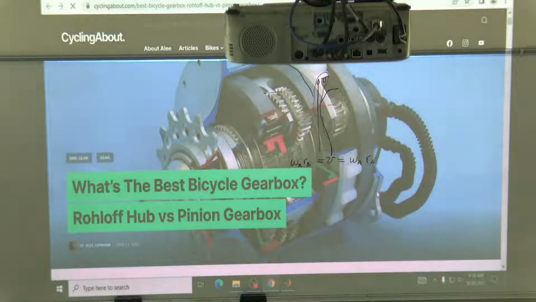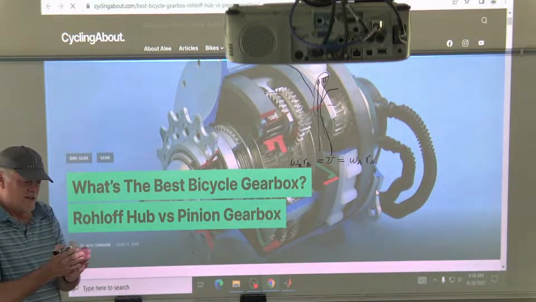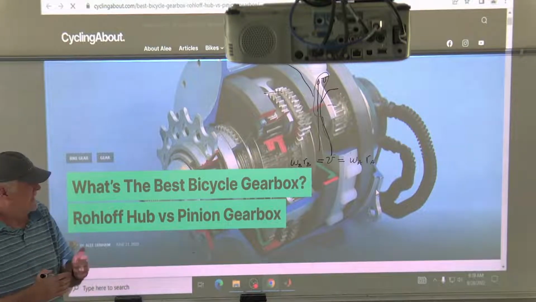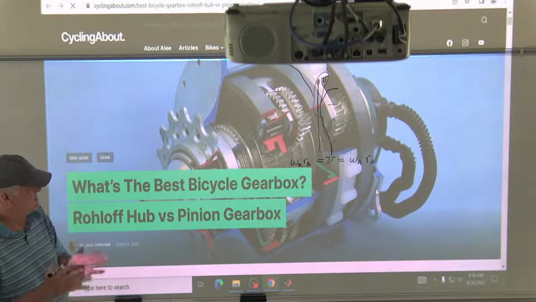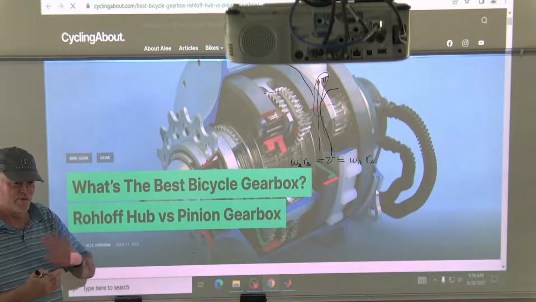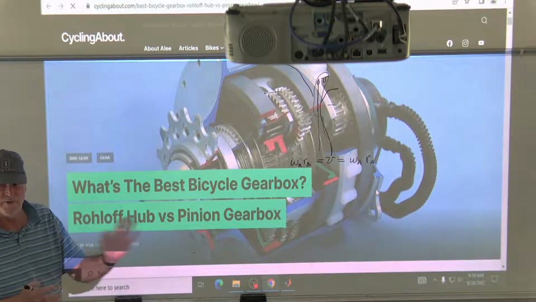Okay, so if you look at this thing, this is an internal hub on a bike. If you don't like the back gear things with all those different parts and a derailleur, I'm going to get one of these sometime soon when I retire and start riding every day, like Forrest Gump goes across America running, I'm going to ride.